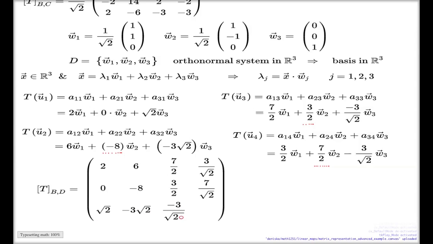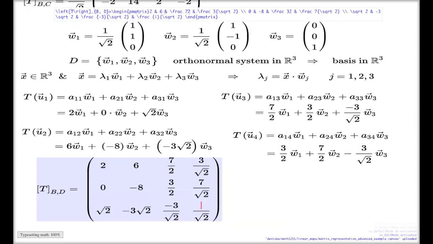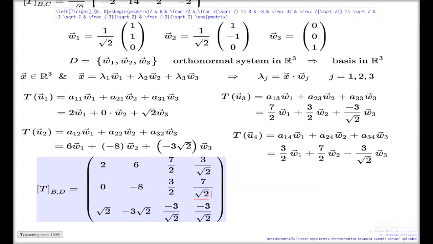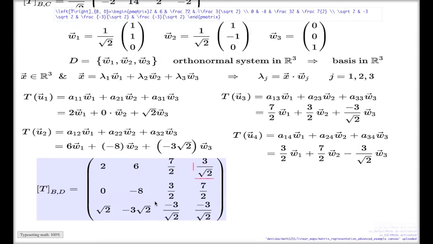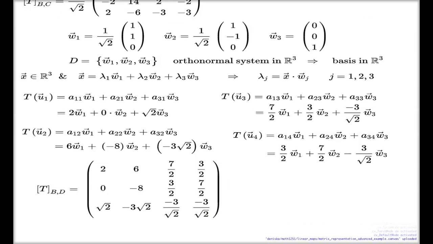And the last one, root 2, negative 3 root 2, negative 3 on root 2, and this needs fixing as well. So we just fix that. Here's my fix for this component. Here's my fix for this component. And here's my fix for this component. Yeah, believe it or not, this is the correct matrix now, hopefully.